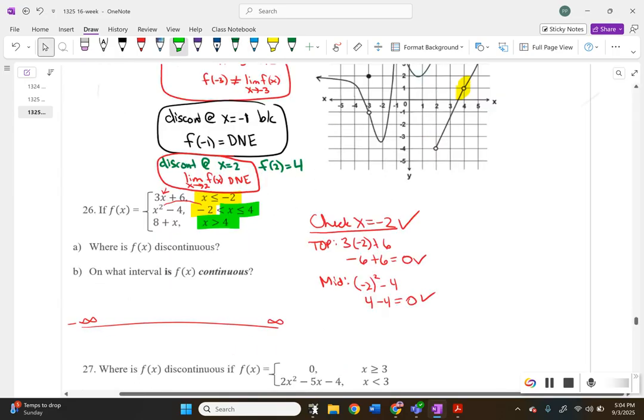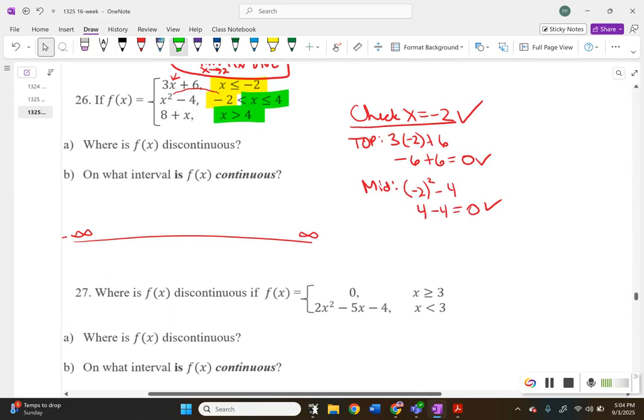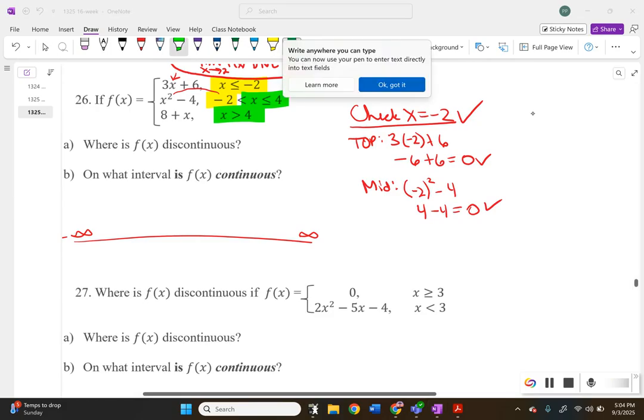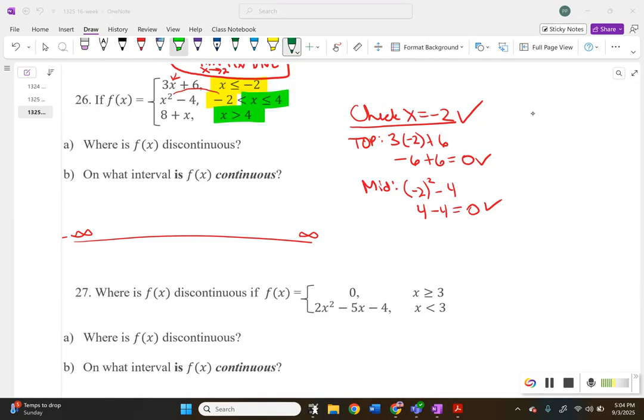So now I want to check the other possibility, which is going to be at 4. Okay, I want to check x equals 4. And so I want to check the middle equation. If I plug 4 into that middle equation, I'd get 4 squared minus 4, which is 16 minus 4, which is 12.